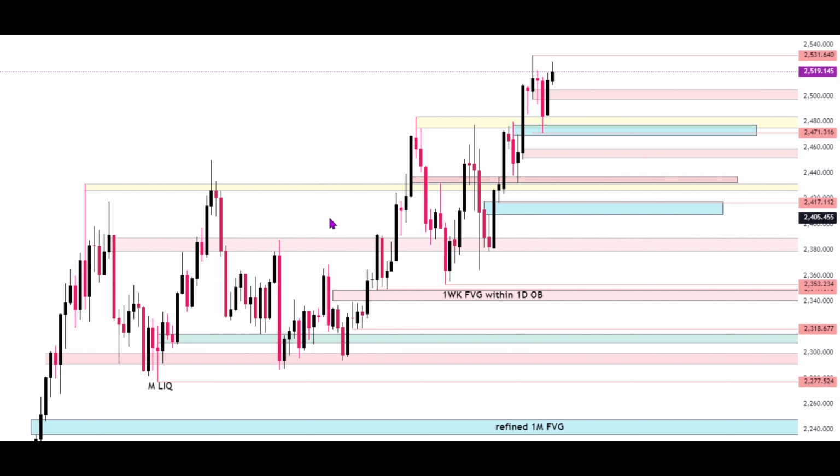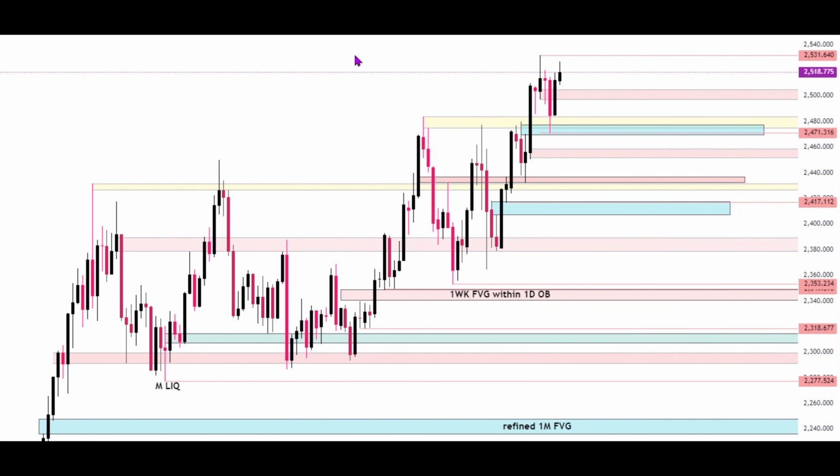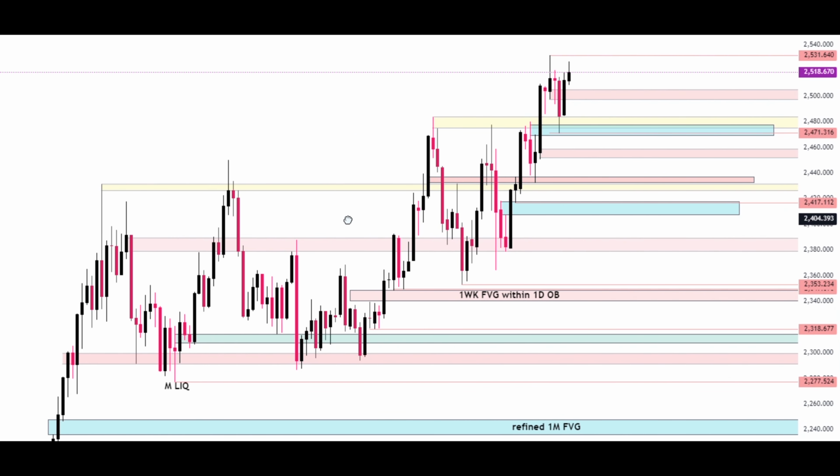We said these are liquidity void areas or price inefficiency areas where the market has to respect or react from. Then it leaves us a very big question: which fair value gap should I trade from, or which fair value gap will hold, which fair value gap will price react from?